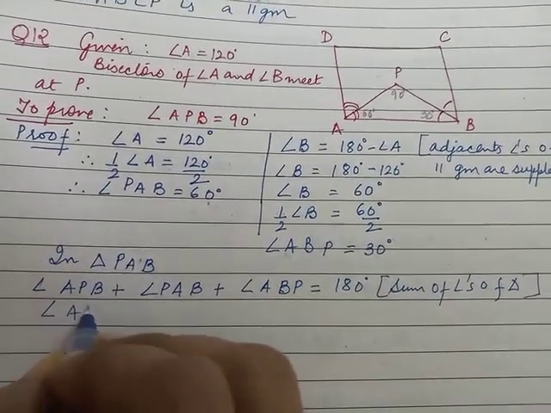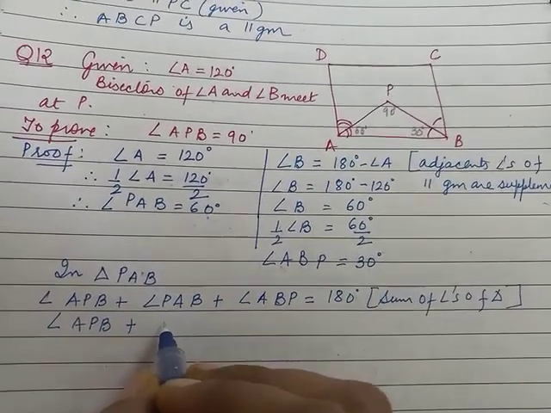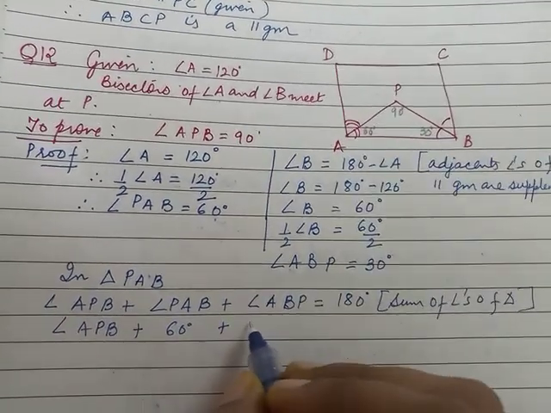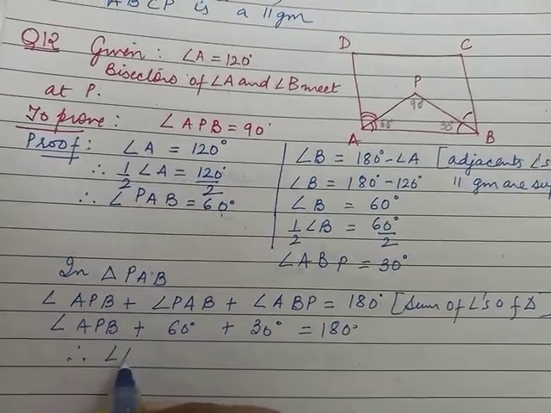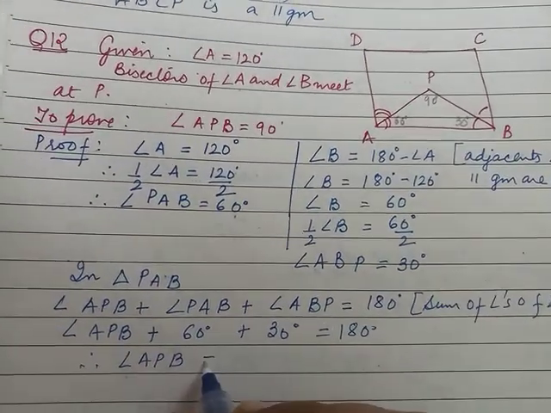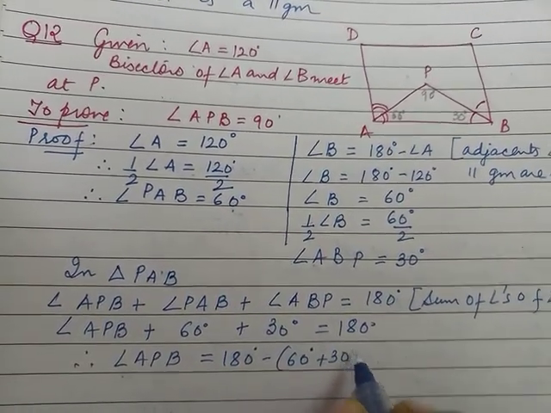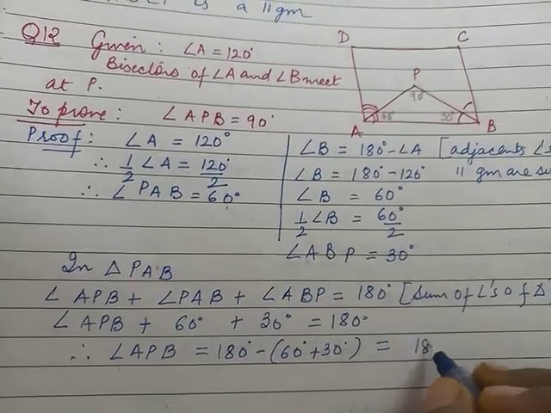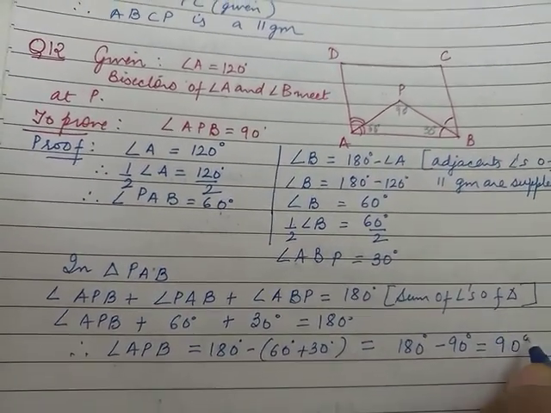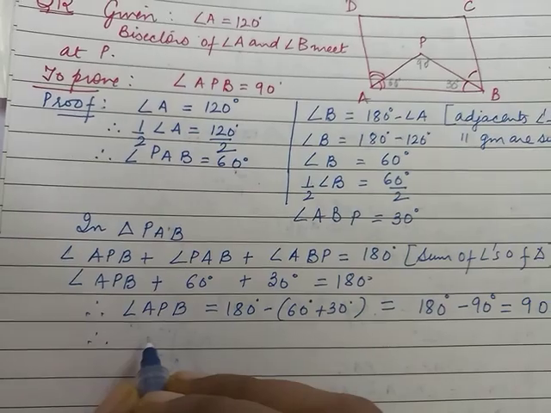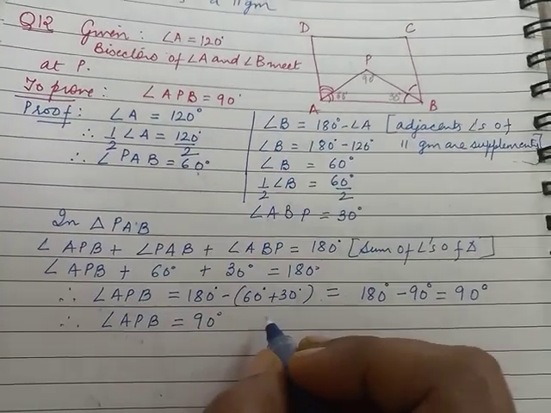So APB we are looking for, angle PAB is 60, angle ABP is 30, we calculated above. Therefore angle APB is equal to 180 minus (60 plus 30), that is equal to 180 degrees minus 90 degrees, that is equal to 90 degrees. Therefore angle APB is equal to 90 degrees. Proved.